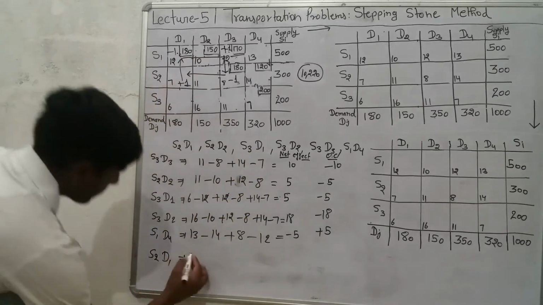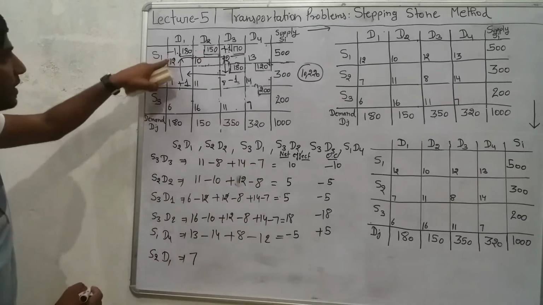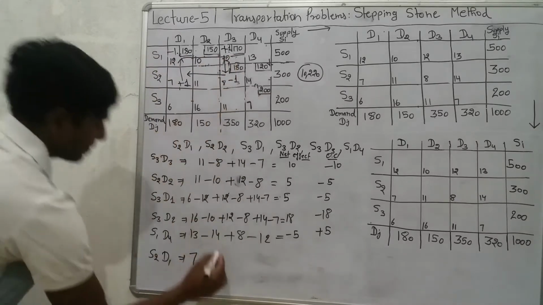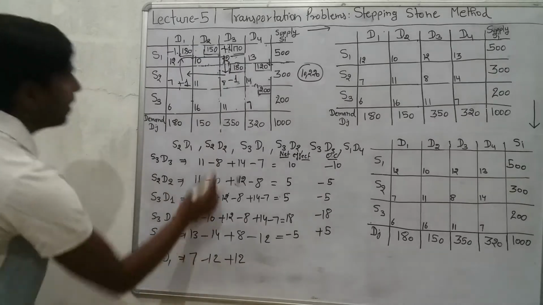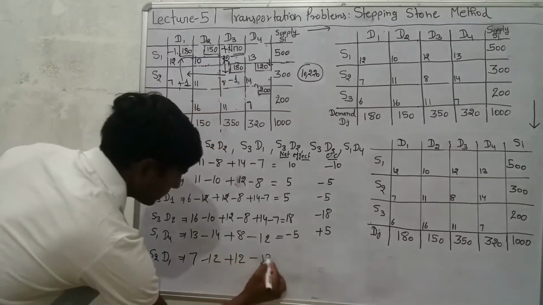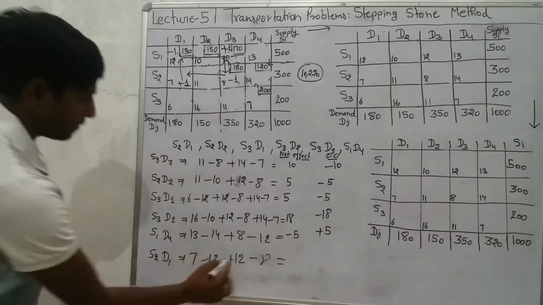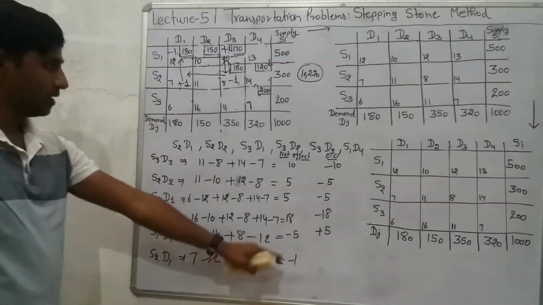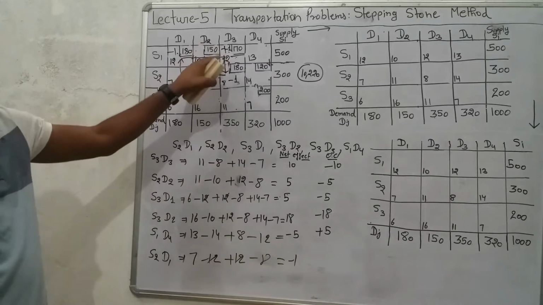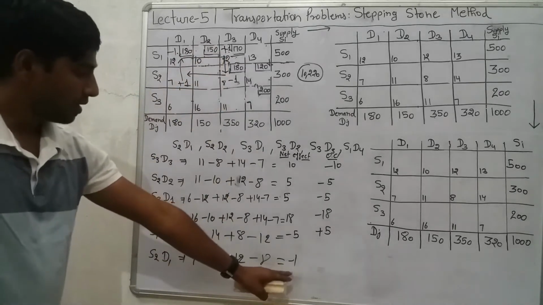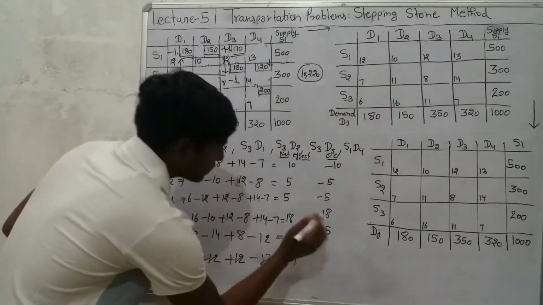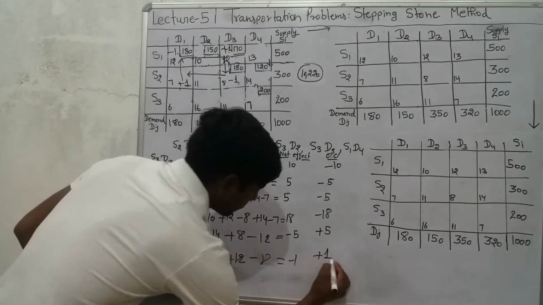Plus 1 means plus 7, minus 1 means minus 12, plus 1 means plus 12, and minus 1 means minus 8. That is equal to 12, minus 8, minus 1. It means if you are opting this route, our total cost is going to be reduced by 1 rupee. Okay, so opportunity cost would be plus 1.